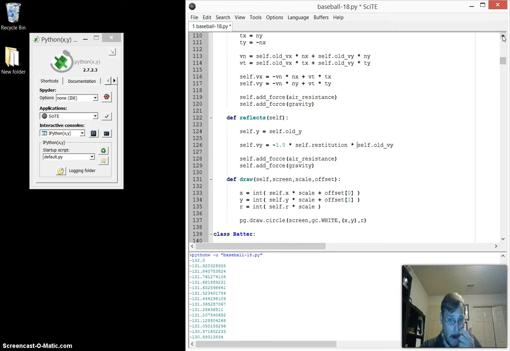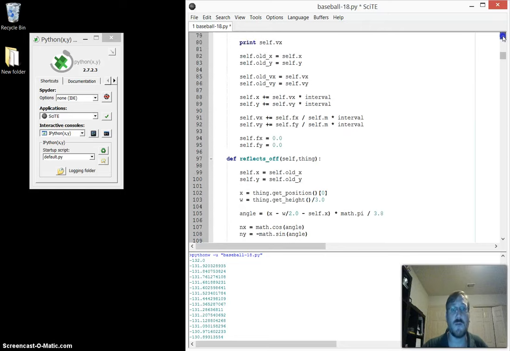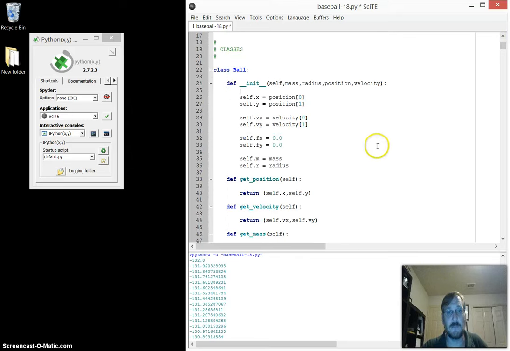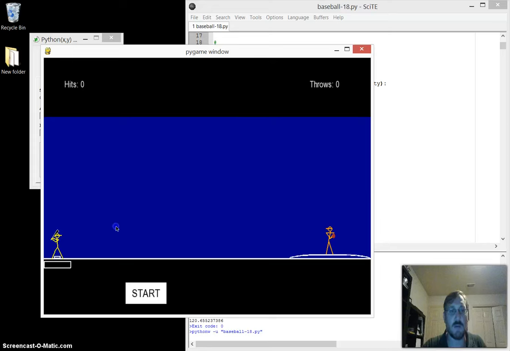Now, I don't know what the correct coefficient of restitution is for the ball hitting the ground, but I probably should just use C, but I used restitution, I think. So let's say that it gets a quarter of the speed in that Y direction. All right. So now I think we've got everything that we need for a baseball game.